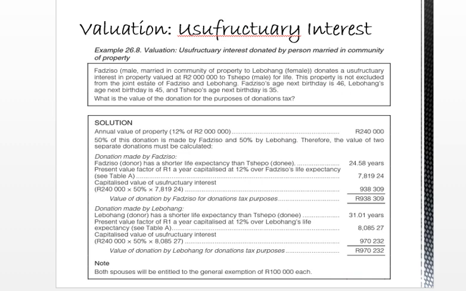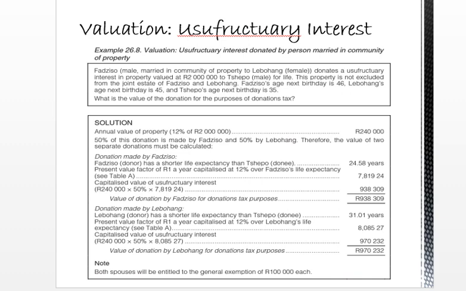Now if you look at Lebogang, the shortest life expectancy between Lebogang, whose age will be 46 at her next birthday, and Sepo at 35. So Lebogang has a shorter life expectancy. So because she's female, from table A, the present value factor of 1 rand a year capitalized at 12% will then be 8.08527, and then the capitalized value of the usufructuary interest is that multiplied by the value of the property multiplied by 50% interest.